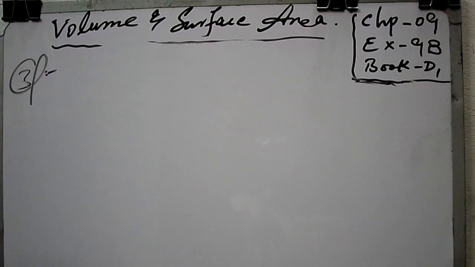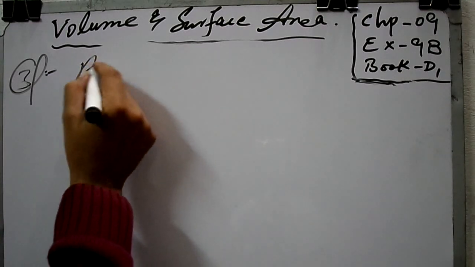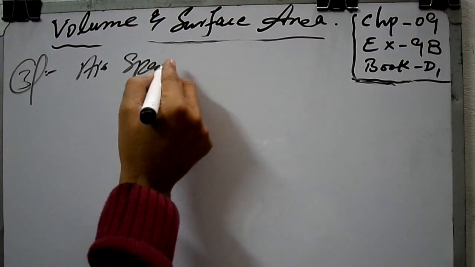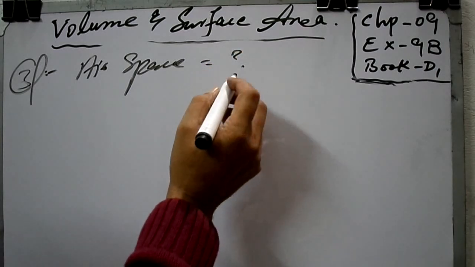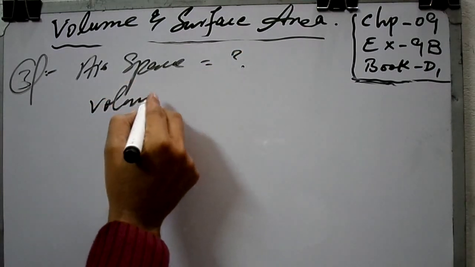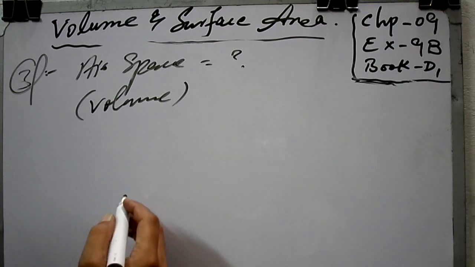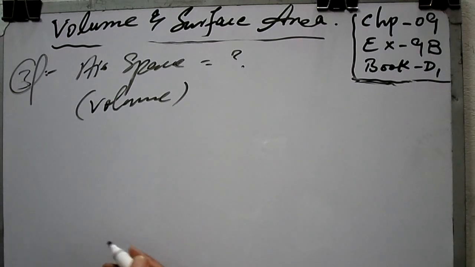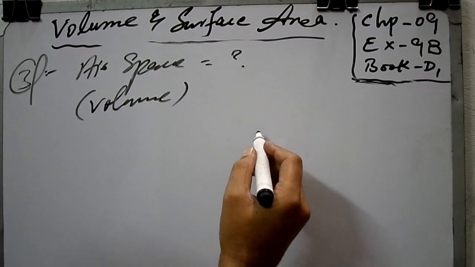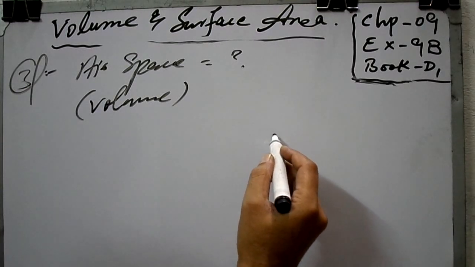Okay, we have to find airspace. Airspace means volume, we have to find volume. So volume of rectangle is, you can see here how many rectangles or triangles are situated in this figure, because the figure is given to you in your textbook. First of all you have to draw the figure, then you can find. For example, your figure is like this.